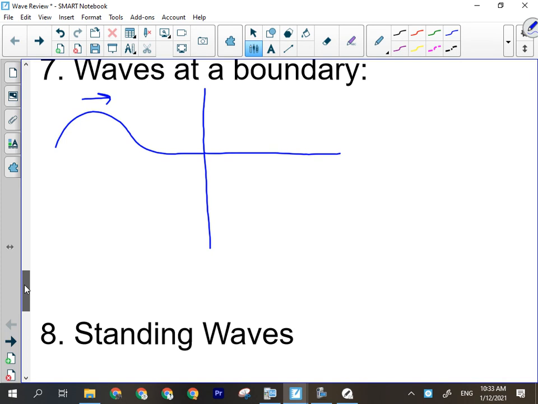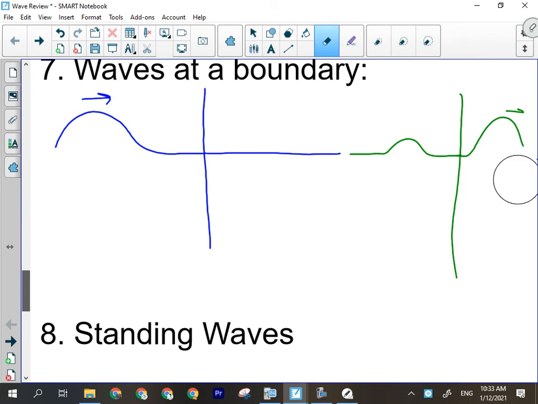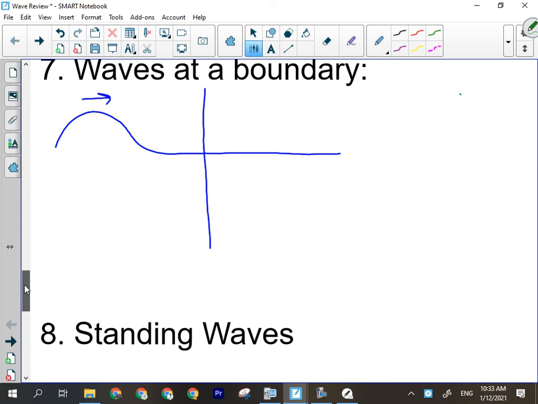My after picture may look like this. Sorry, I didn't really give myself enough room here. And that's not what I want to draw.